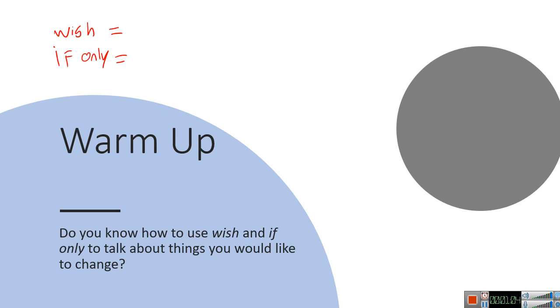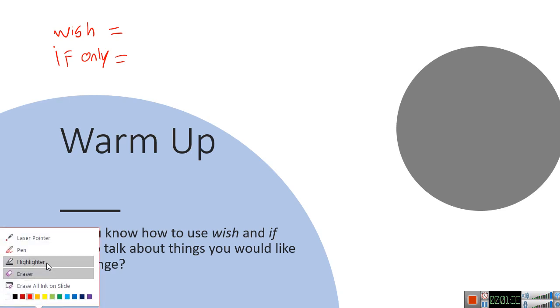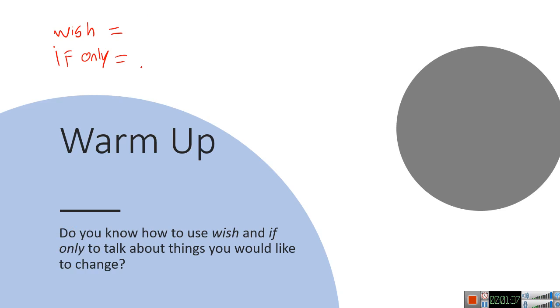Wish, I think, is when someone thinks about something that he or she would like to do in the future. Okay. And what about if only? If only, I think, is conditional.